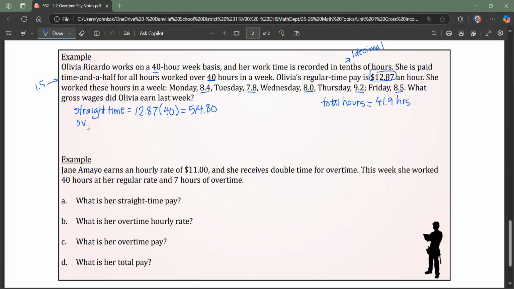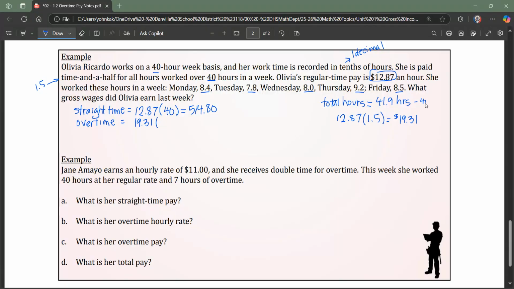Now our overtime is our time and a half. Let's see what our time and a half is going to be. So our regular rate, $12.87 times 1.5, that's going to give us an overtime rate of $19.31. So let's take that $19.31 and multiply it by the hours. Well, 41.9 hours altogether.